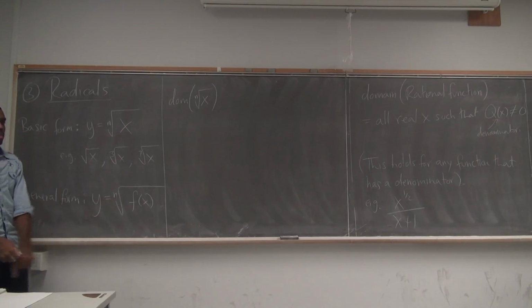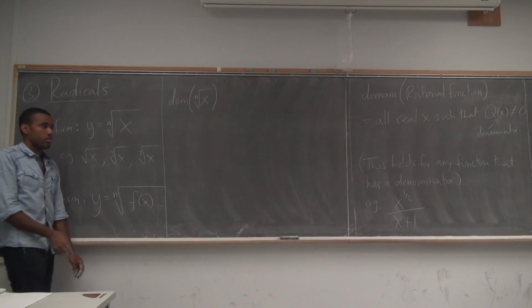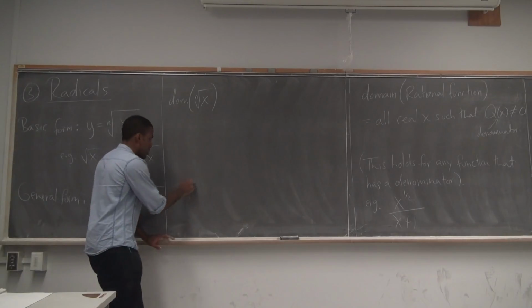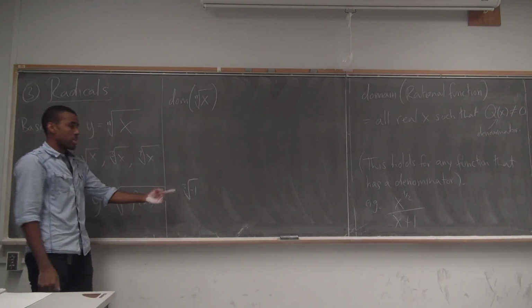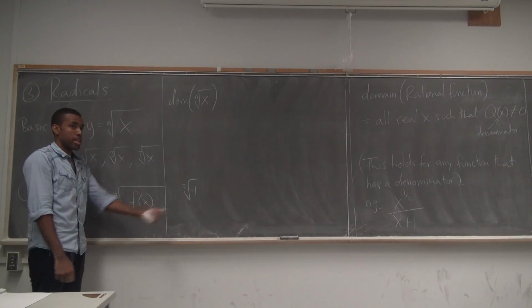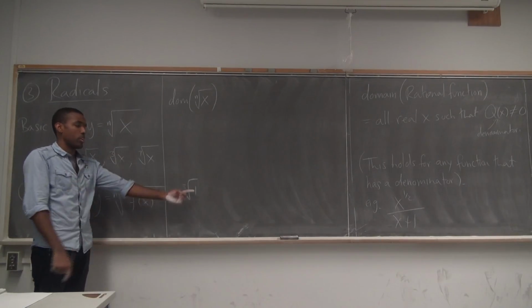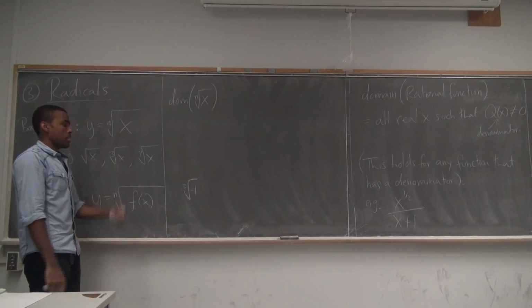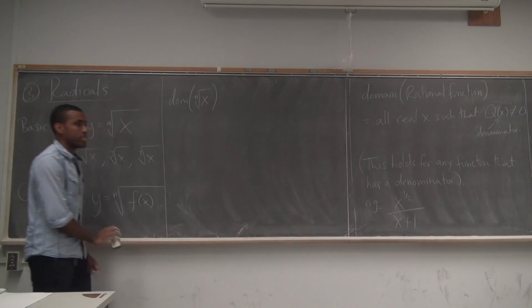What about the cube root of x? Can I plug in negatives into that function? I can. I could take the cube root of -1, for example. That's the number that when I multiply it by itself 3 times, I get -1. That's actually possible. -1 is the answer. -1 times -1 gives me +1, times -1 gives me -1. So it's possible to plug in a negative here. So what's the rule for the domain?